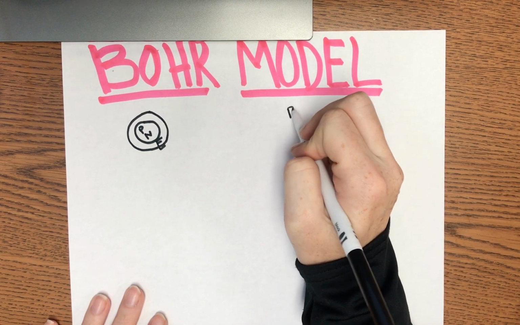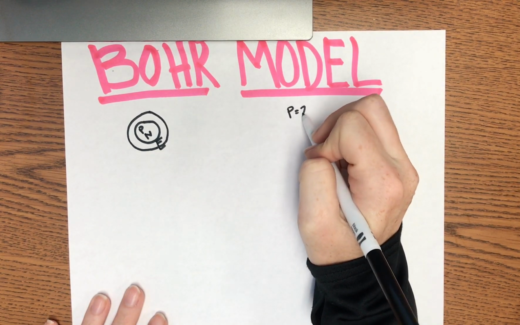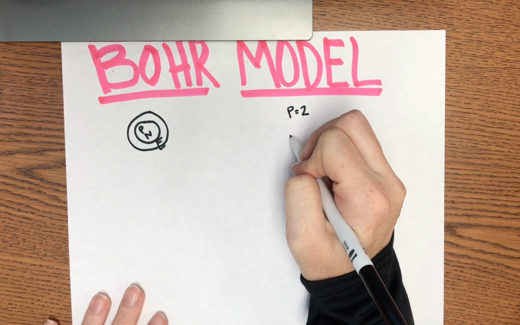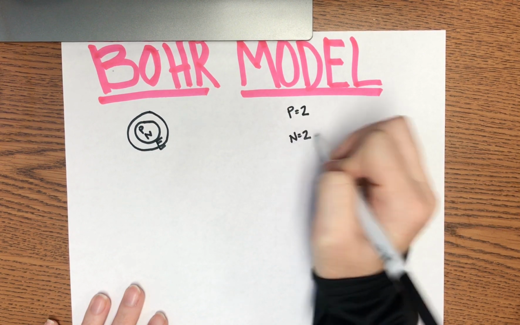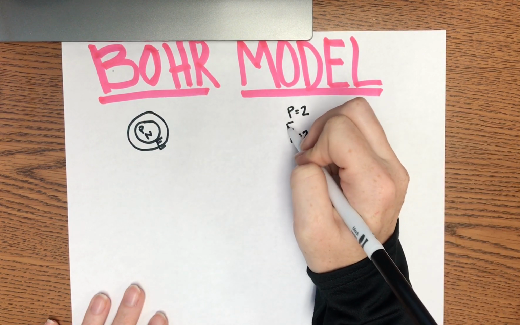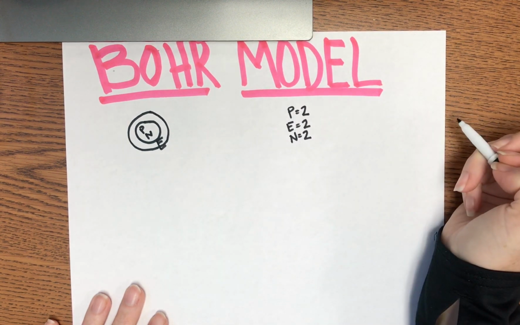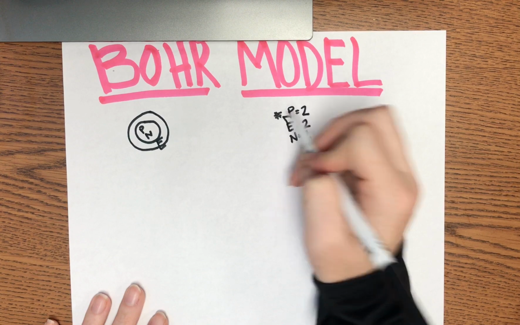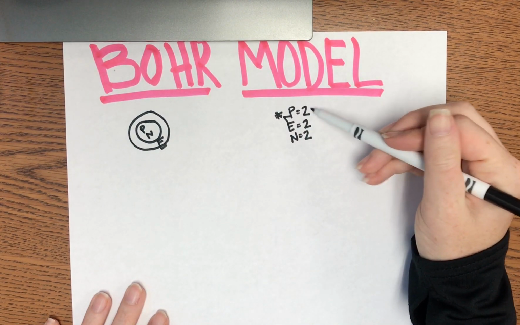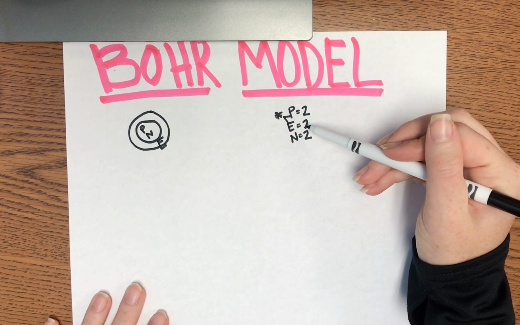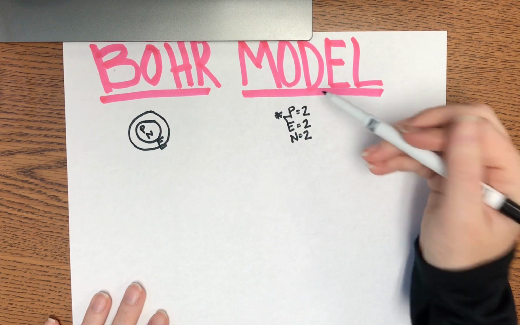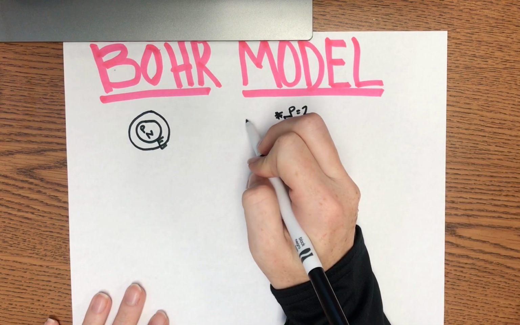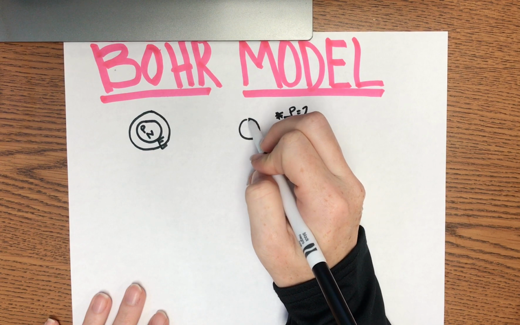We're going to assume that we are drawing a model with 2 protons, 2 neutrons, and 2 electrons. Remember, our electrons and our protons always have the same amount. So if you know how many protons there are, you can always know how many electrons there are, or vice versa. So the first step is we're going to draw our nucleus.